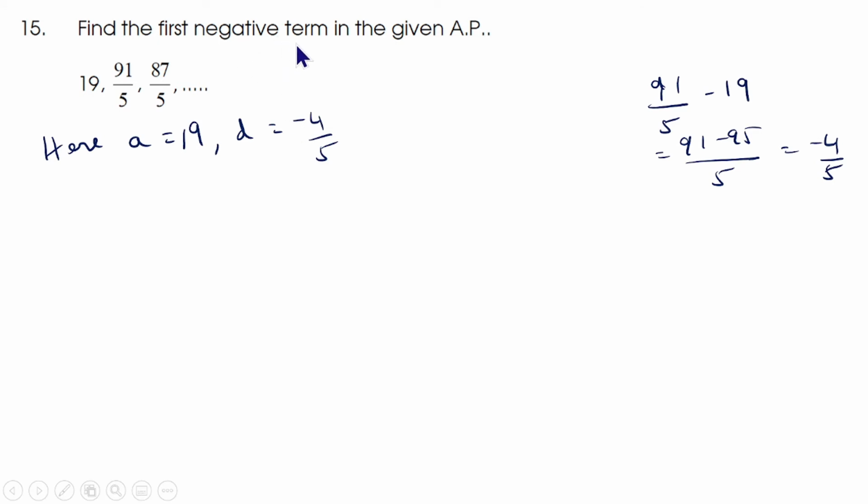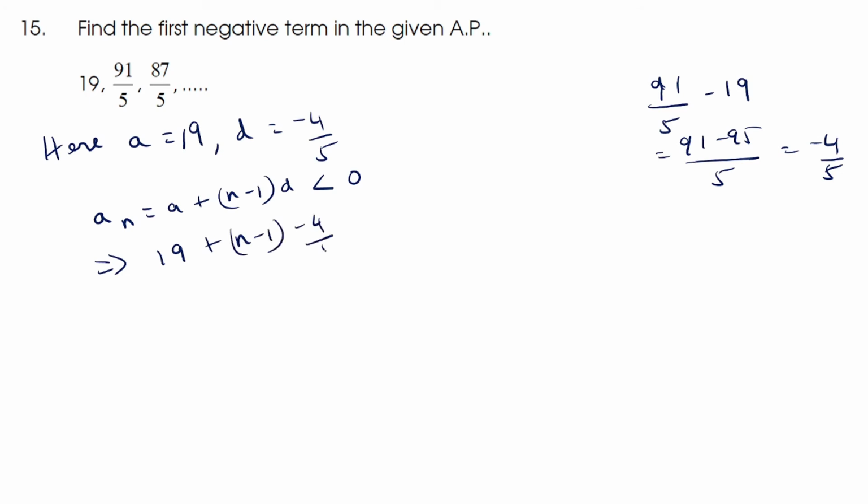Now we need to find the first negative term in this AP. It means we need to find the first An which is less than 0. So An is given by a plus (n minus 1) into d, this is less than 0. We have to find the value of n for which An is less than 0, and then we can find An accordingly. So this implies 19 plus (n minus 1) into minus 4 by 5 less than 0.